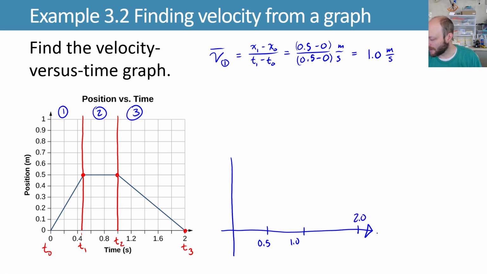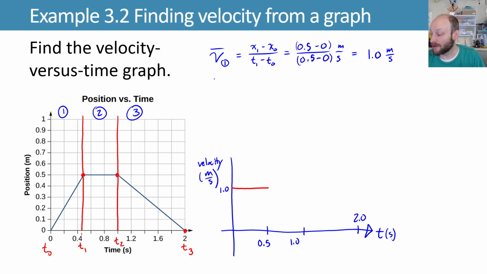That's my time, and what we're plotting here will be velocity. Time will be in units of seconds, and velocity will be in units of meters per second. Now when I plot this, it looks like we have 1, and that's true up until 0.5 seconds.